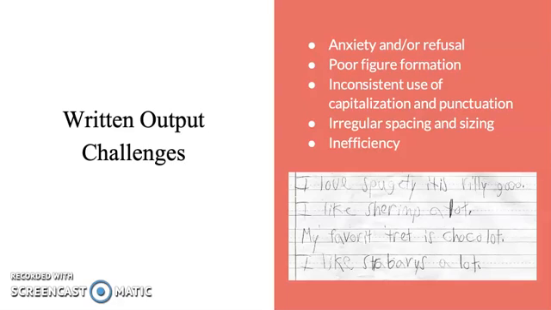Common challenges that we see in individuals with these types of written output impairments are, it seems like they don't really understand the physical limitations of the space on a page. You can kind of see that in the example on the slide.